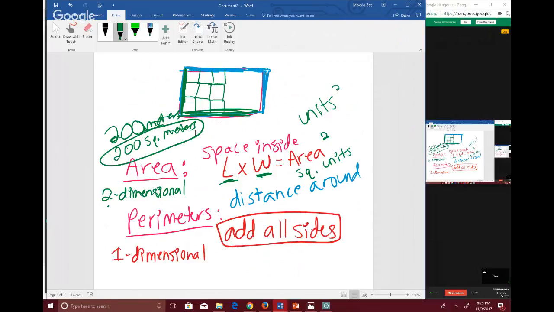A perimeter is 1-dimensional, and we don't use 2 dimensions at once. So if you did the same thing with a 200, the area you would want to answer in square meters, and the perimeter you would not answer in square meters. So it's very important to know which dimension you're in and which unit you're going to want as you go to answer the final answer.